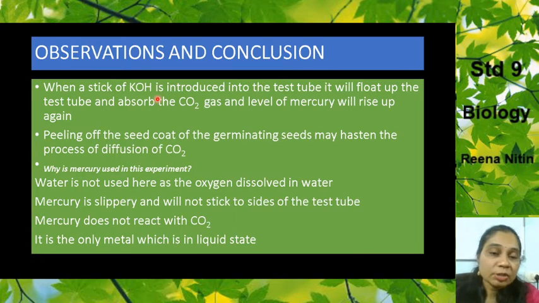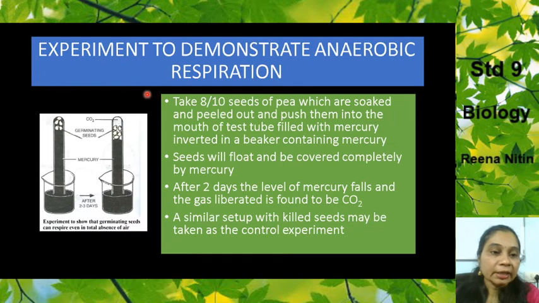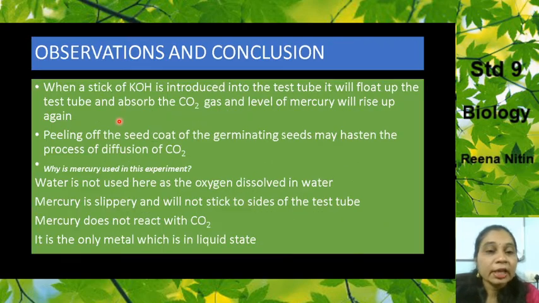So it absorbs the carbon dioxide gas, and again the level of mercury will go up. Once all the carbon dioxide is absorbed by the pellets of potassium hydroxide, the level again goes up. Now these are the questions that can be asked. Why is KOH used? Because it absorbs the carbon dioxide.